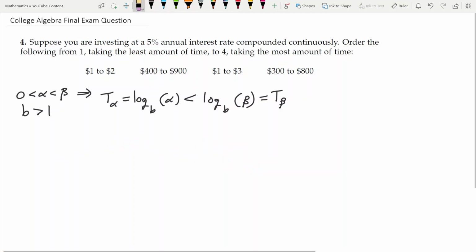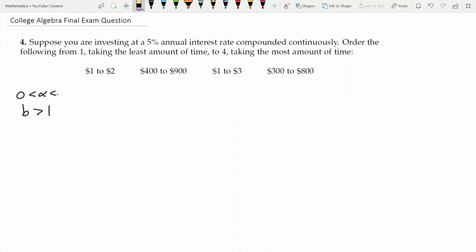Instead, all we have to do is look at the time it must take for each one. Each of these investments is with the same exponential function. So to grow $1 to $2, this takes t2 time. To grow $400 to $900, well, it's t of 900 over 400.